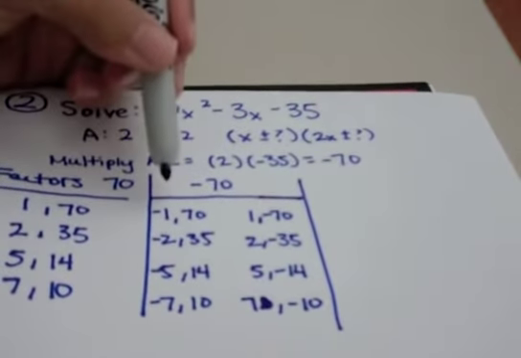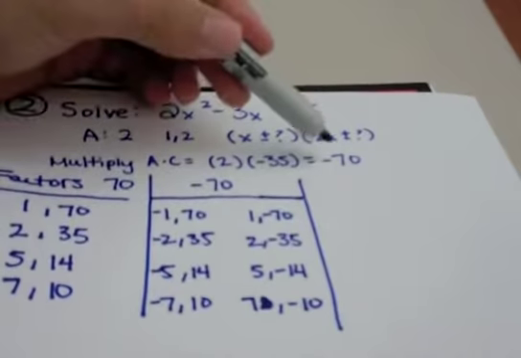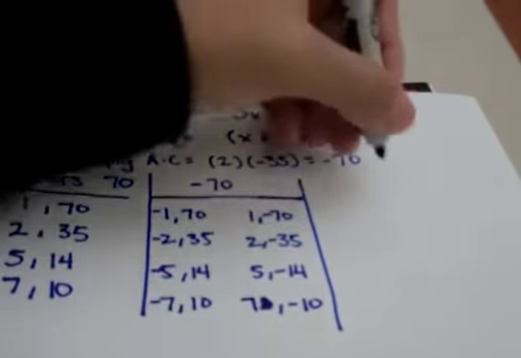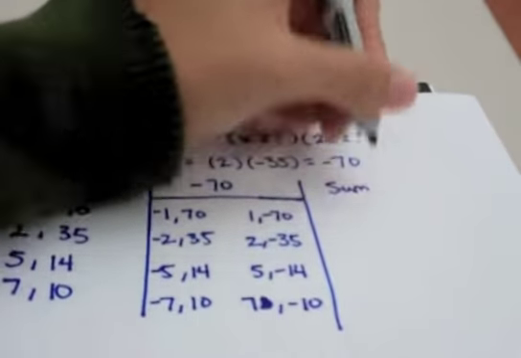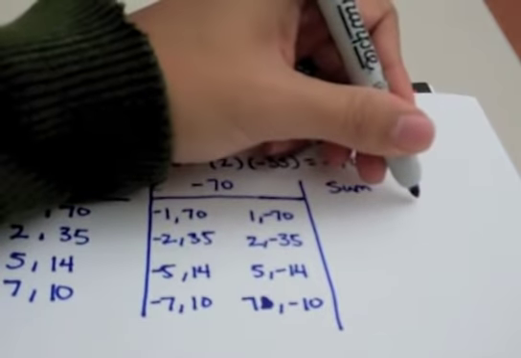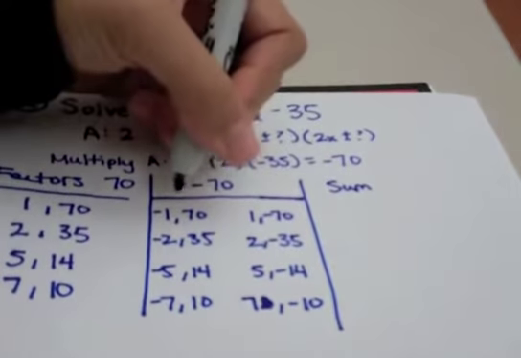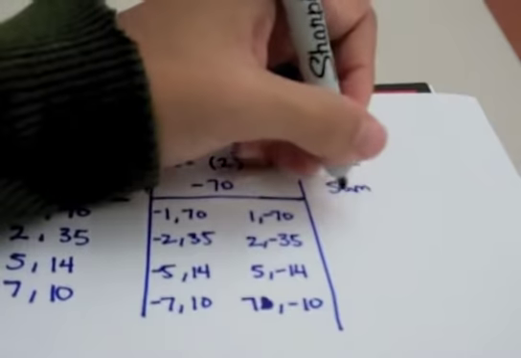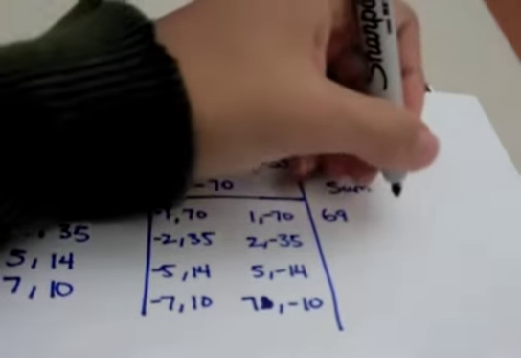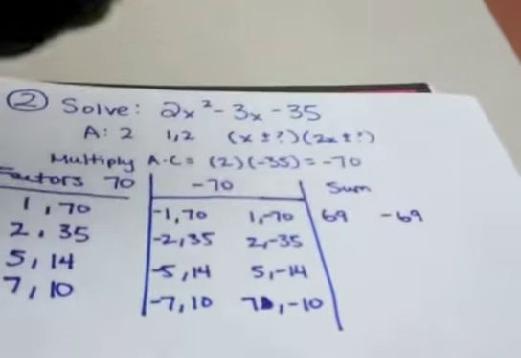Now, we've got the numbers that multiply to negative 70, but because of our b value we need them to add to negative 3. So we're looking for a sum of negative 3. Negative 1 plus 70 is 69. 1 plus negative 70 is negative 69.